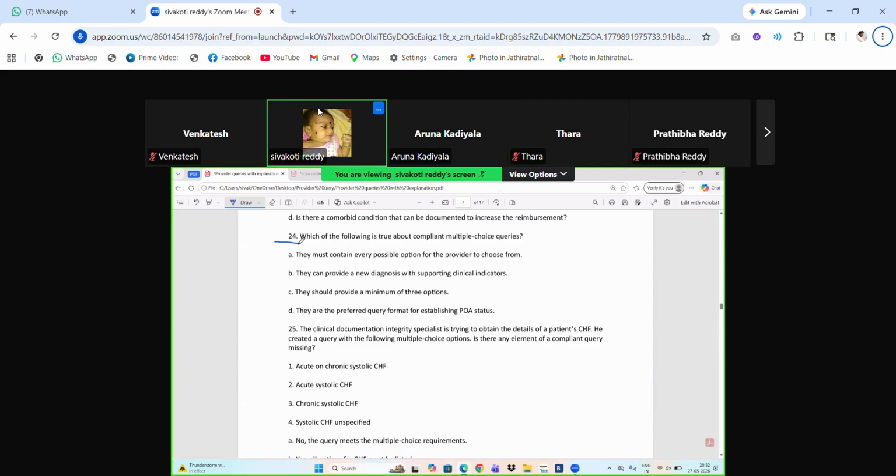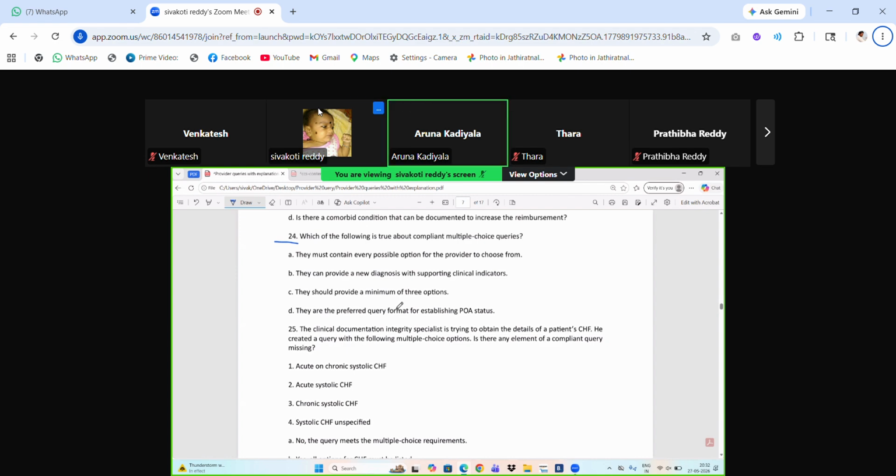They must contain every possible option for the provider to choose. They can provide a new diagnosis with supporting clinical indicators. They should provide a minimum of 3 options. They are the preferred query format for establishing POA. Can POA status be raised in multiple choice or not?